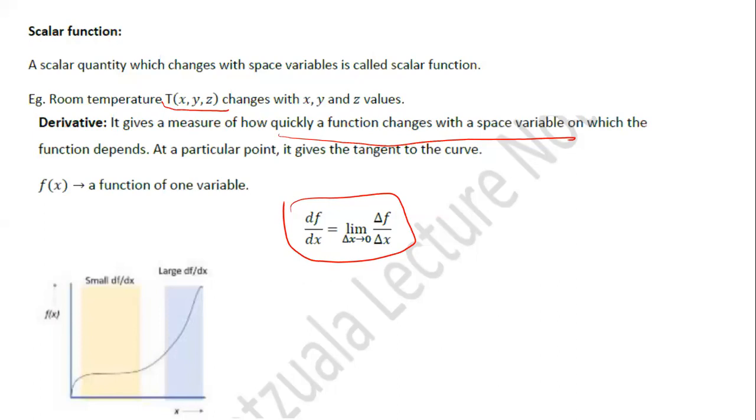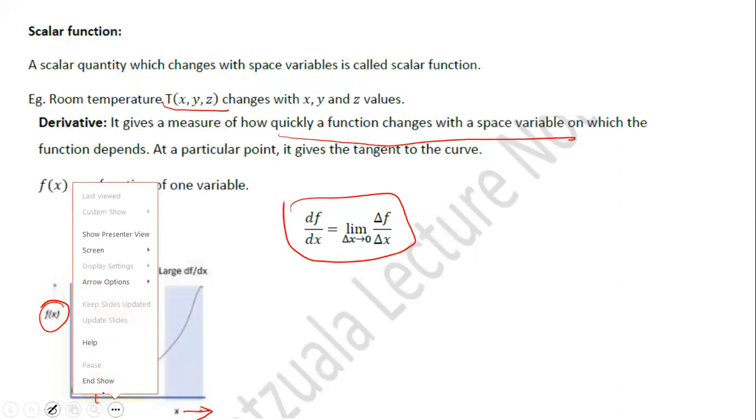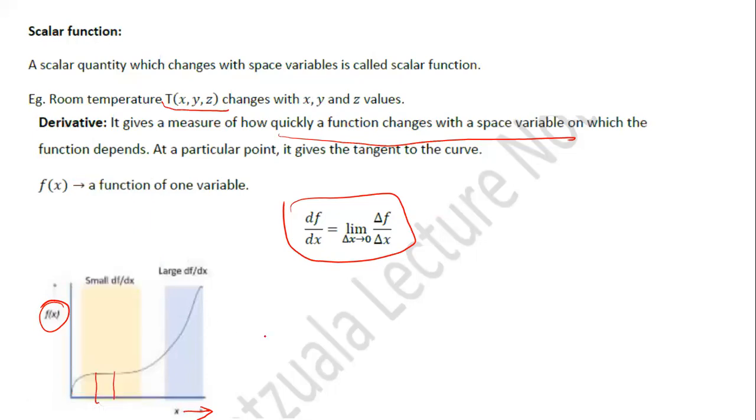If you look at this, for example, say you plot a function f on the y-axis, and you plot the independent variable x on the x-axis like this. Now, if you take del f upon del x in this region, suppose this is your del x, and corresponding to del x, what is the corresponding change in f?